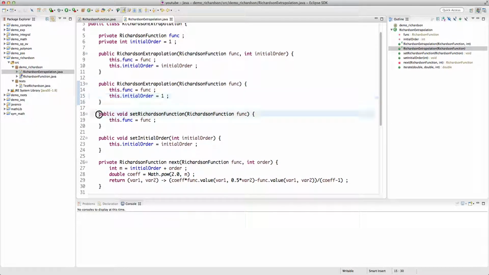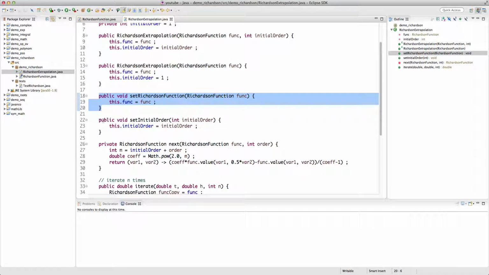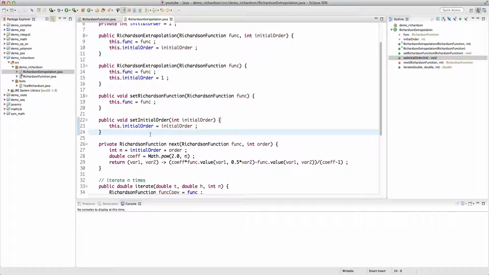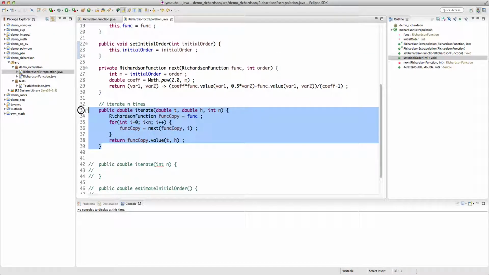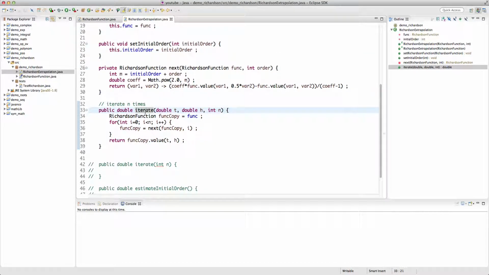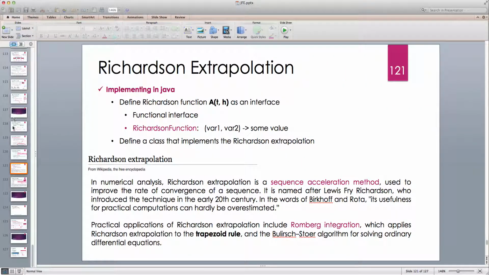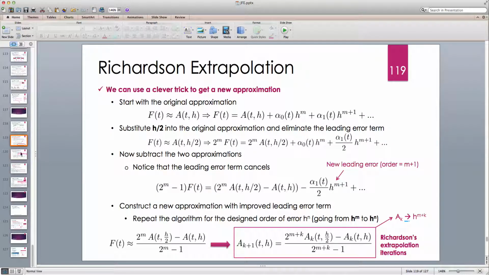And then we can have a method for setting the Richardson function, and a method for setting the initial order. Then here I have the method called iterate. In this method, I pass in t, the point that we are calculating the function at, and then h, which represents our error parameter, and then int n, which means how many times we are going to do this Richardson recursion, right? Remember, n here represents this here.